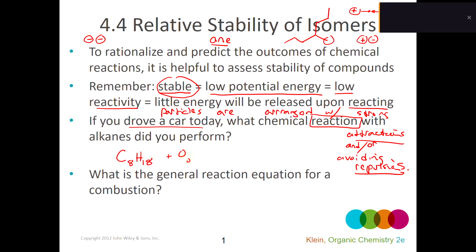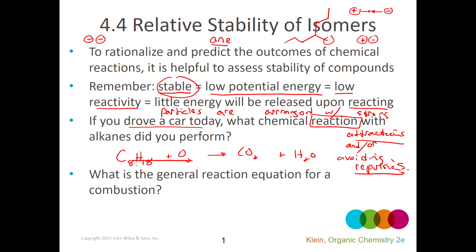When I react that with oxygen, it produces CO2 and water. It's not a simple situation like just charged particles, but each of these compounds on the reactant side and the product side involves atoms and electrons, and the electrons and atoms are arranged in space because of their attractions.